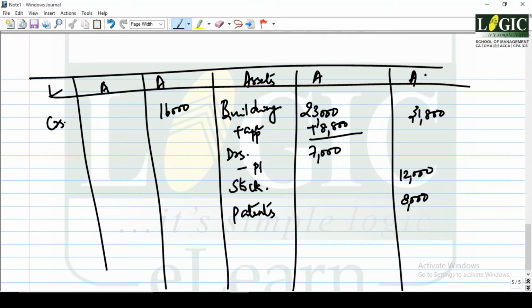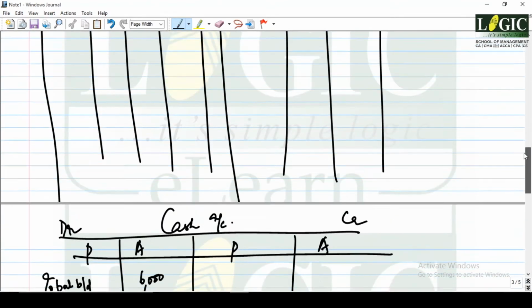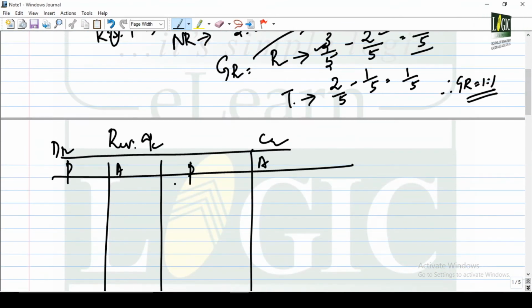So less provision for bad and doubtful debts. How much? 5% means 350, right? 7,000 into 5 by 100. So 350. So it will be 6,000. How much the value? 6,650.